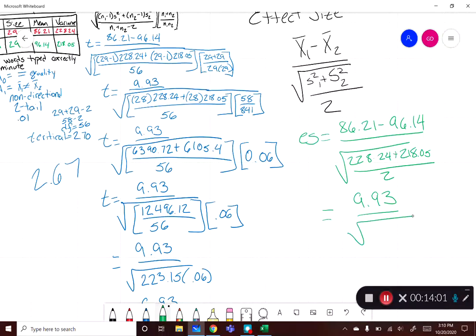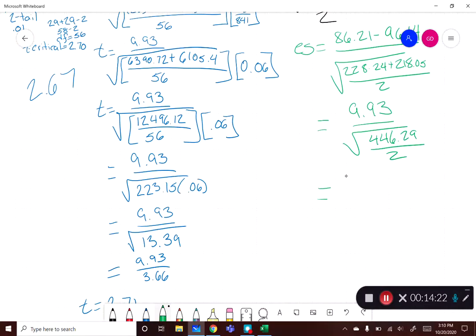So for the denominator, let's go ahead and then add 228.24 plus 218.05 gives us 446.29. We're going to divide that by 2, and it gives us 9.93 over the square root of 223.15 with rounding.